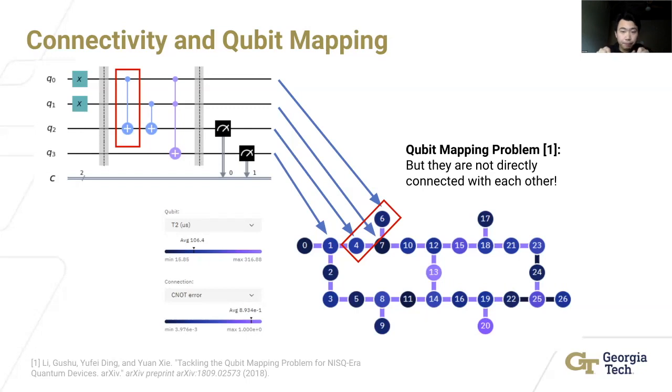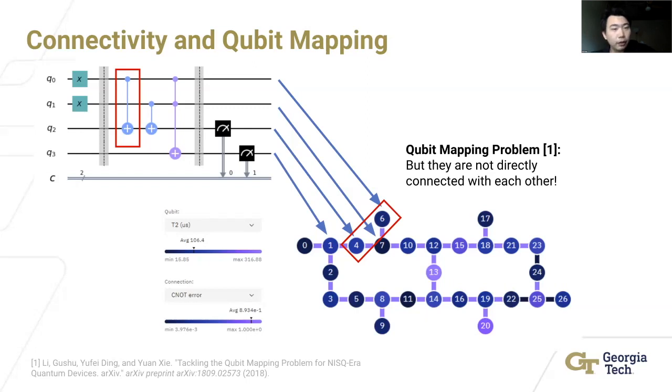The lines represent the connectivity, whether two qubits are connected, and each dot is the physical qubit number. So let's do a very naive mapping to 6, 7, 4, and 1.